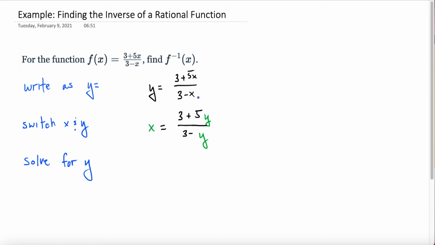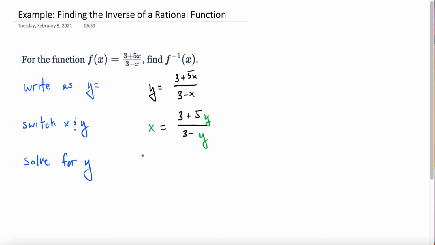The first thing we want to do is get rid of that denominator. We want to get rid of this fraction and just have linear terms and not be dividing. So the first thing I'm going to do is multiply both sides by 3 minus y. If you have something in the denominator and you want to get rid of it, you multiply both sides by that.